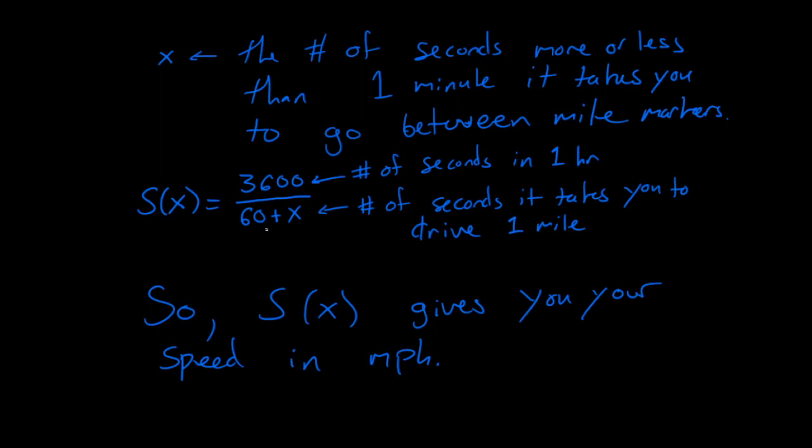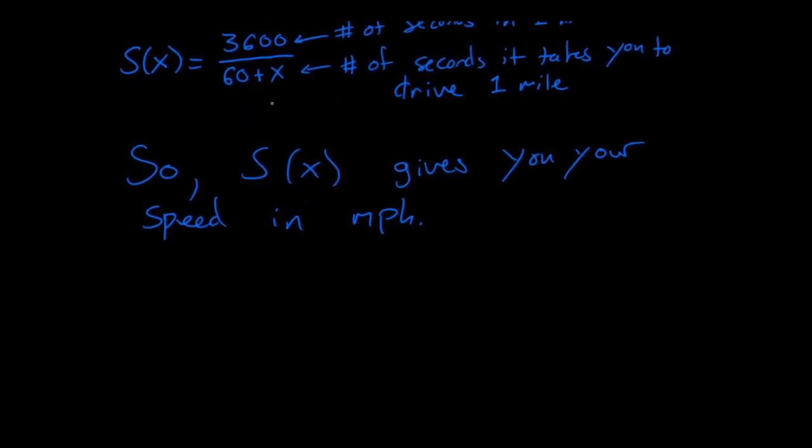So that's telling me that if I go from mile marker to mile marker in about 57 seconds, then I'm traveling at about 63 miles per hour. S of x gives you exactly your speed in miles per hour, the average speed over that last mile. Okay, cool. So we don't want to use a calculator while we're driving. I think that that's fair enough.